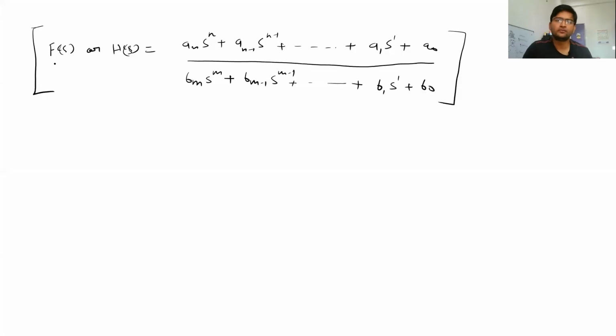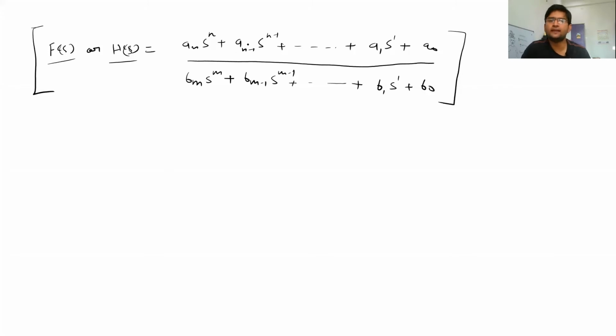Now, this network function, which can either be written as F(s) or H(s) depending on your convenience, can be represented in the form of a polynomial of s. It is basically the ratio of response to the excitation, and the numerator can be written as a_n s^n plus a_(n-1) s^(n-1), and so on, down to a_0. Similarly for the denominator.